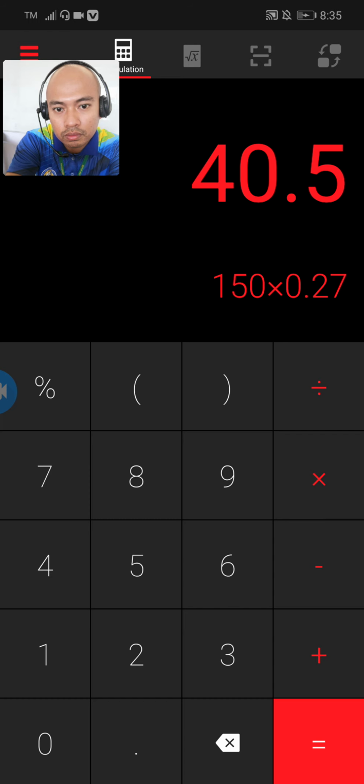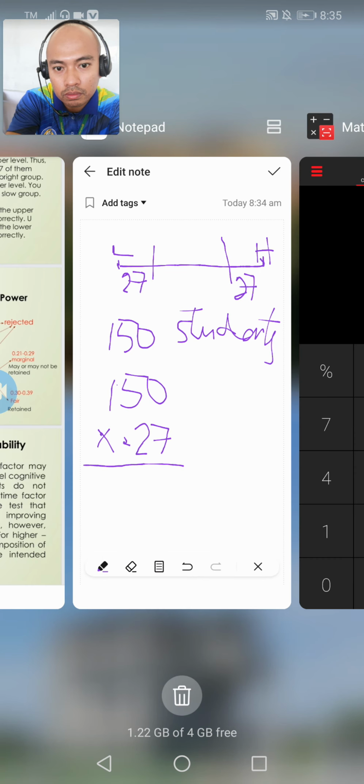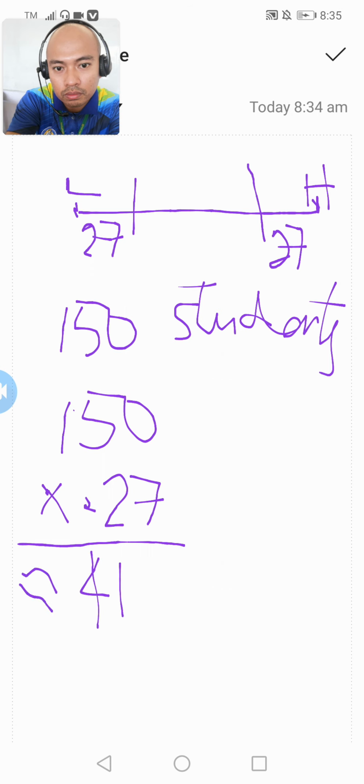So we will take 41 respondents or 41 individuals from the lower group and 41 individuals who will represent the higher group, if the total number of students is 150. So approximately, we will be getting 41 to represent the lower group, 41 who will represent the upper group.